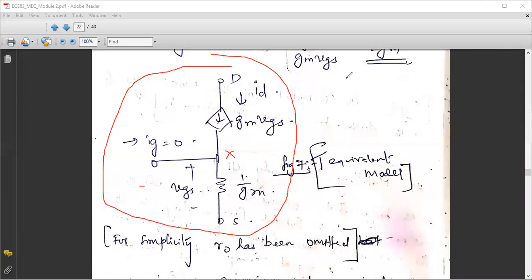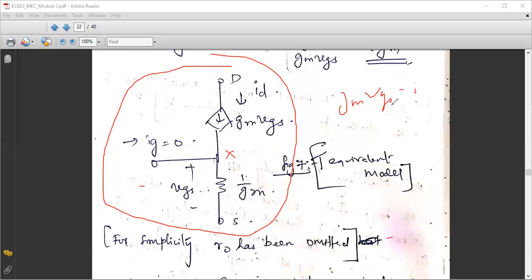So in the previous step we had two current sources. Basically from the diagram, one current source I have retained as such. The second current source I have replaced with a resistance, because it is a voltage dependent current source, so obviously there is some resistive effect there. That resistance is 1 by gm, because gm VGS is your current, isn't it?